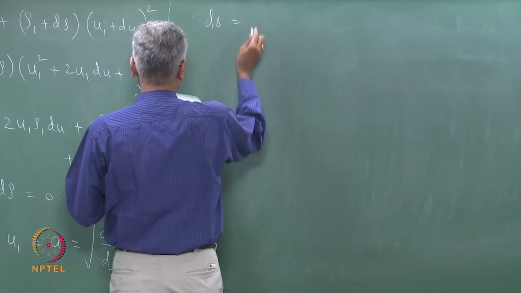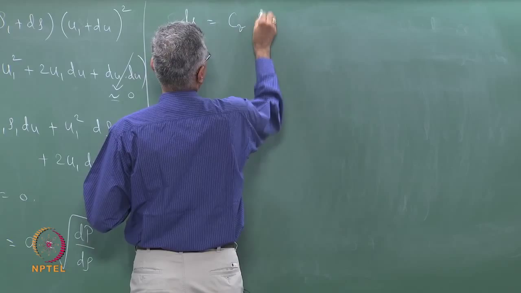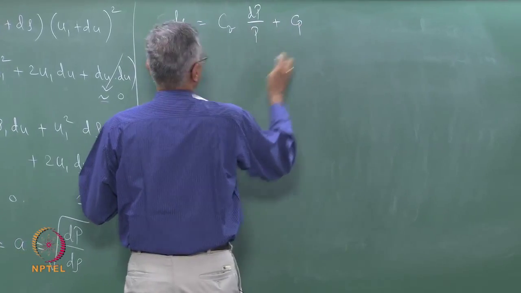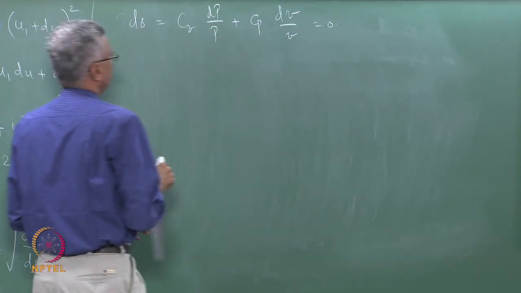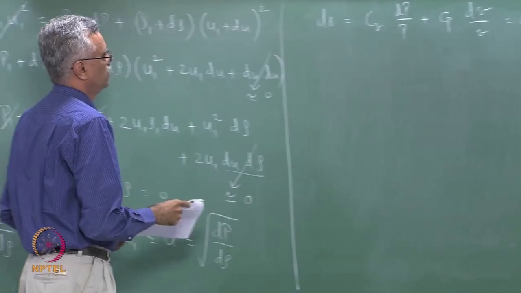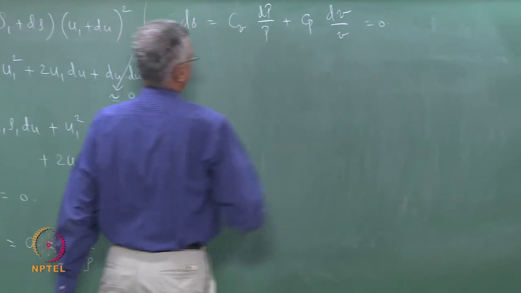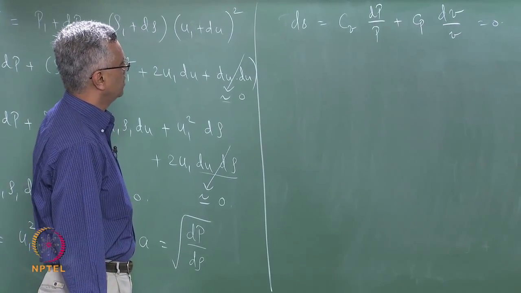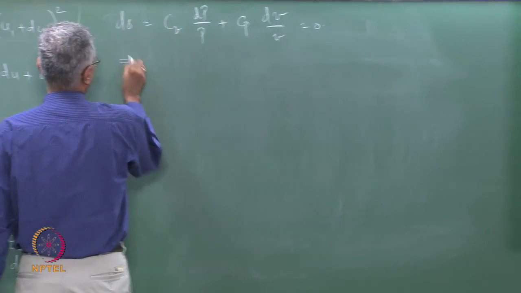One of the equations that we wrote down earlier was this: ds equal to Cv dP over P plus Cp dV over V equal to 0. So this is one of the equations that we had written earlier, and now we are setting that equal to 0 because the entropy change is 0. I can easily rewrite this equation.